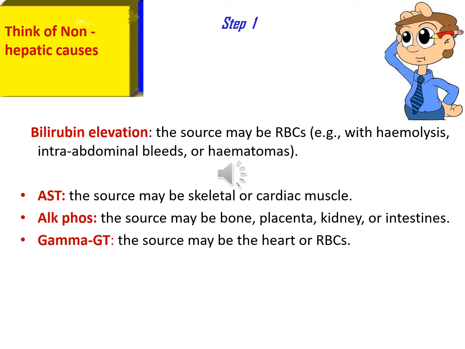Elevated AST may be from muscle injury or even cardiac muscle injury, like acute myocardial infarction. Alkaline phosphatase may be of bone origin, placenta, kidney, or intestines. Gamma GT, the source may be from the heart or red blood cells, and so on.